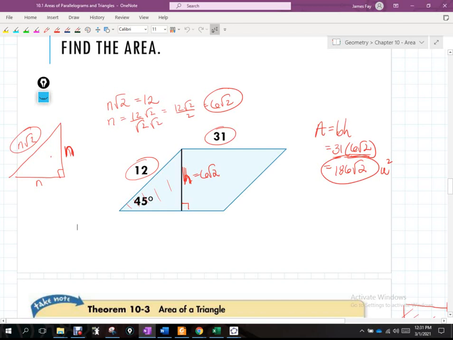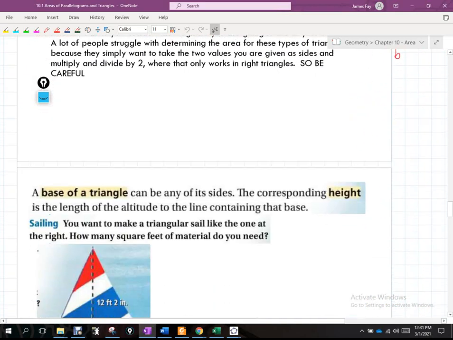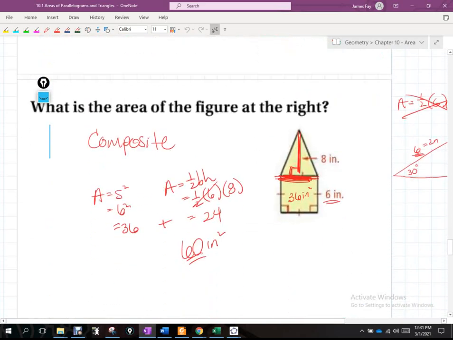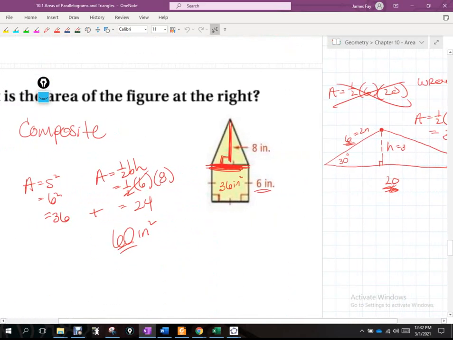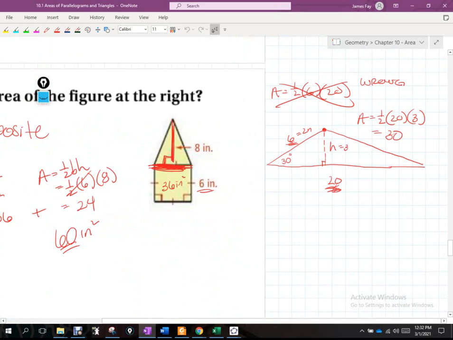But notice the only way I can find that distance, that H, is over here in this 45, 45, 90 triangle that they give me. Does that make sense? Right here you can see we've got some work with the 30, 60, 90 in finding the area of this thing.